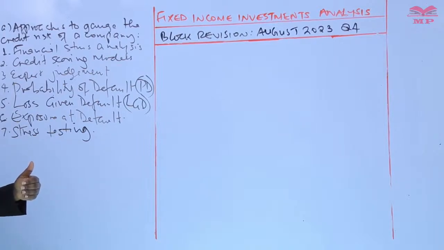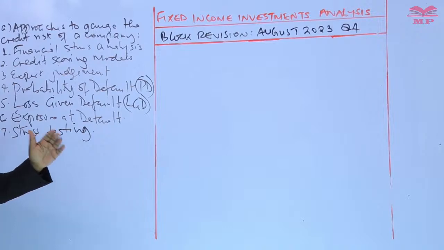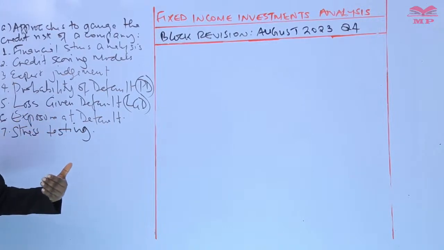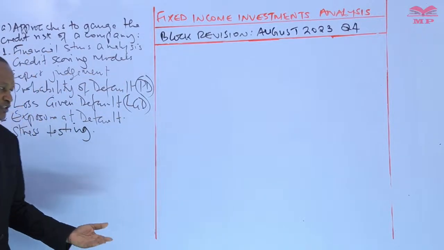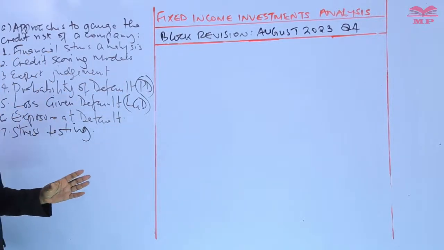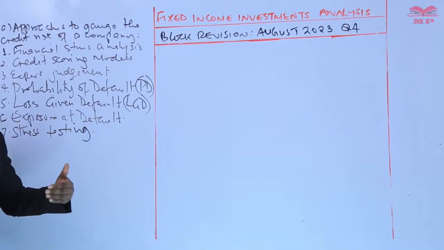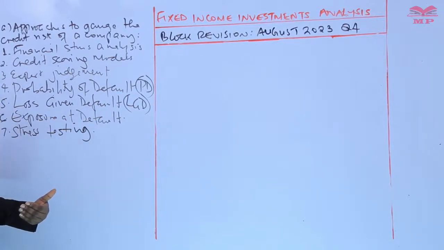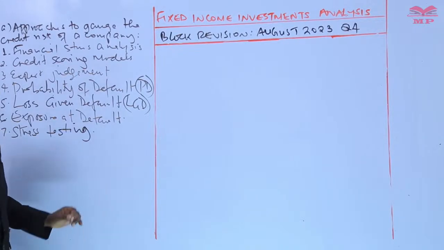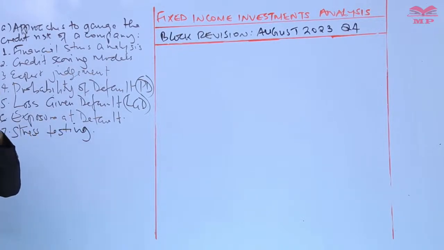A company is subjected to simulations, for example, a situation where there is an increase in interest rates. Then the experts check what will be the impact on the company's creditworthiness. The same can be done through simulations on recessions. So stress testing is yet another approach.